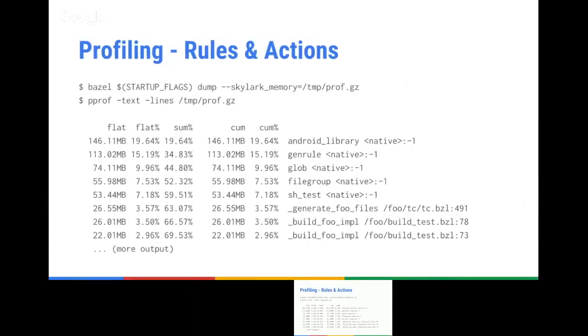And you can also have more fine-grained information. So here it's using a pprof tool, and then you can see in which lines the targets are generated. So if something is using a lot of memory, you can just look at the BUILD file and see which place it's called.